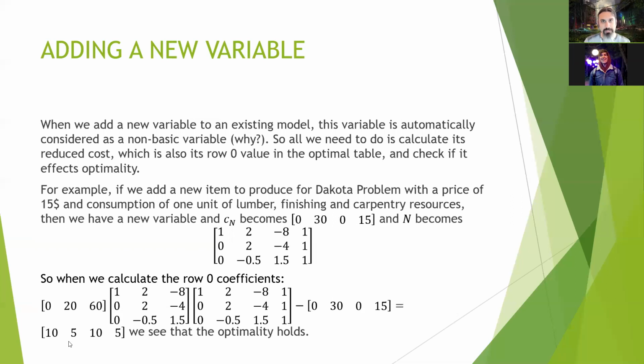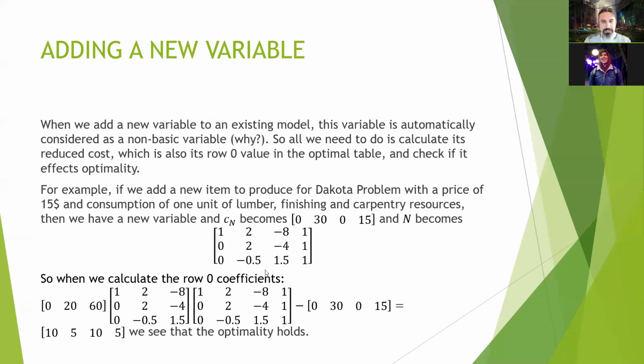If it wasn't optimal, we would be using the table form, for example, and making the iterations by itself. But we can check if it's optimal instantly by just multiplying these matrices, finding that vector over here, and subtracting this vector of Cn values from the vector we have found by calculating over here.